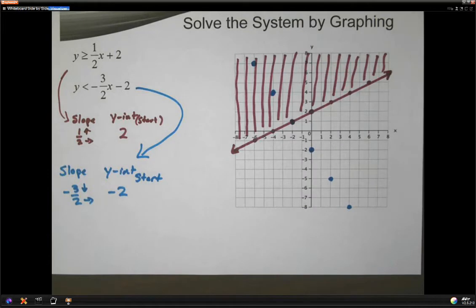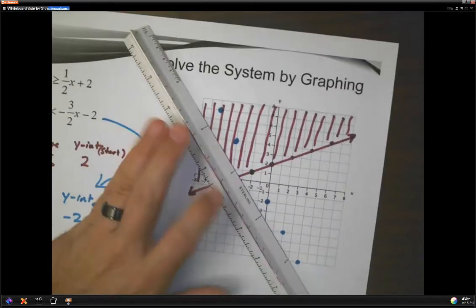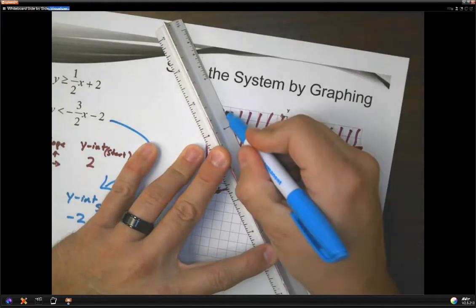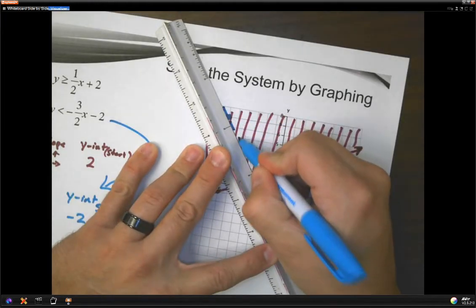And once we get our full array, then we go ahead and decide, is this going to be a solid or dashed line? Think to yourself for a second, but again, because it is not equal to, that means it must be a dashed line, because no point on that line is going to be part of our solution set.